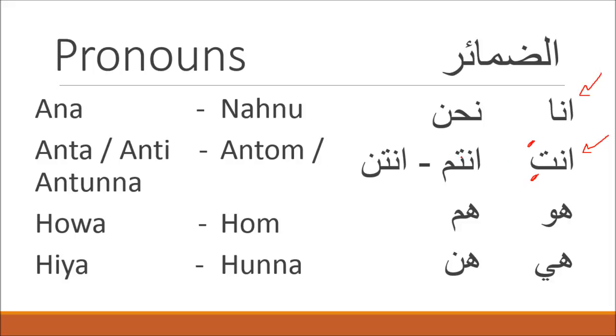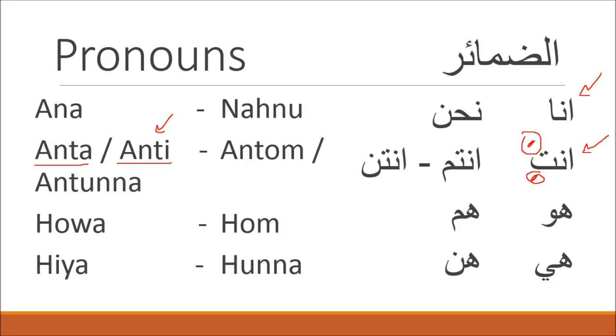That's the difference: if the accent is here, that means anta, and if the accent is here, that means anti, which is you for a female. So anta is for the male and anti is for the female. It is not auntie, no, it's anti. You can't read this in English. It's not auntie like you say antivirus or something.